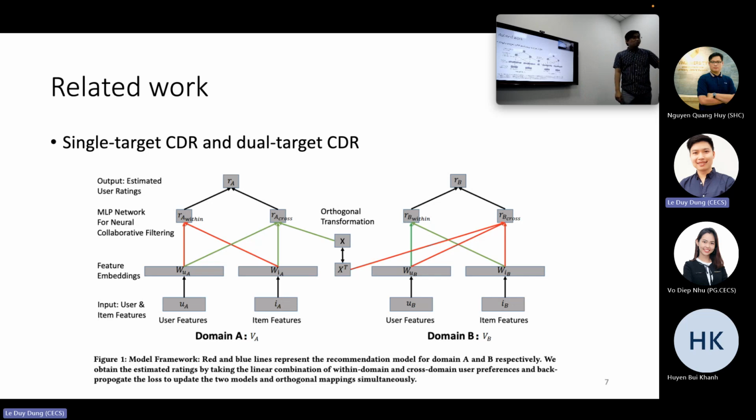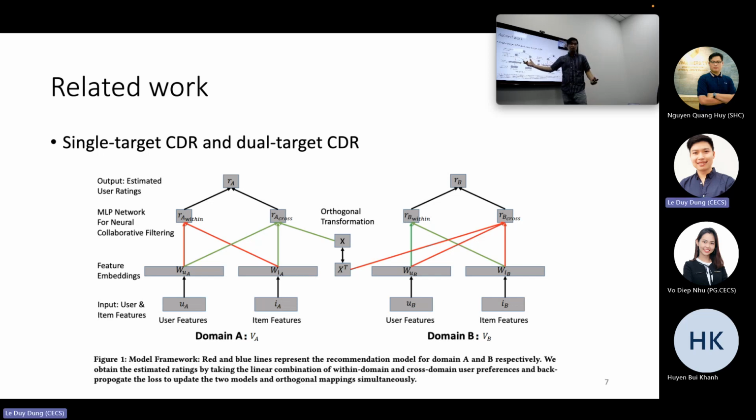Can you explain what the arrows are? We have two colors here, the red ones and the green ones, and I don't know what exactly they represent. The red one is for within domain, like you have user embedding from here and item embedding, right?